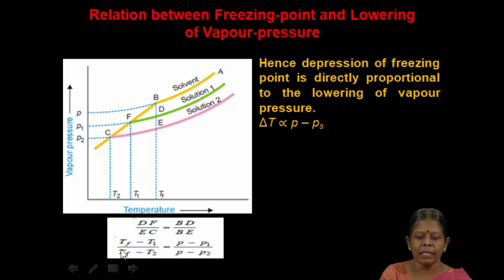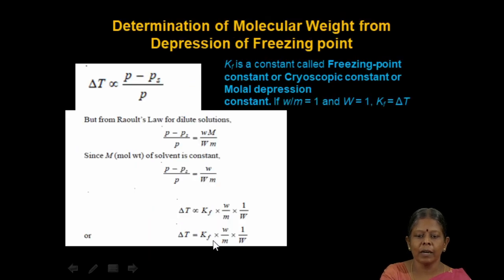DF is the reduction in the freezing point between the solvent and the first solution, whereas EC is the difference in the freezing point between solution 2 and the pure solvent. BD is the lowering of vapor pressure between the solvent and the first solution, and BE is the lowering of vapor pressure between the solvent and the second solution. From this, we come to the conclusion that the depression in the freezing point is directly proportional to the lowering of vapor pressure.